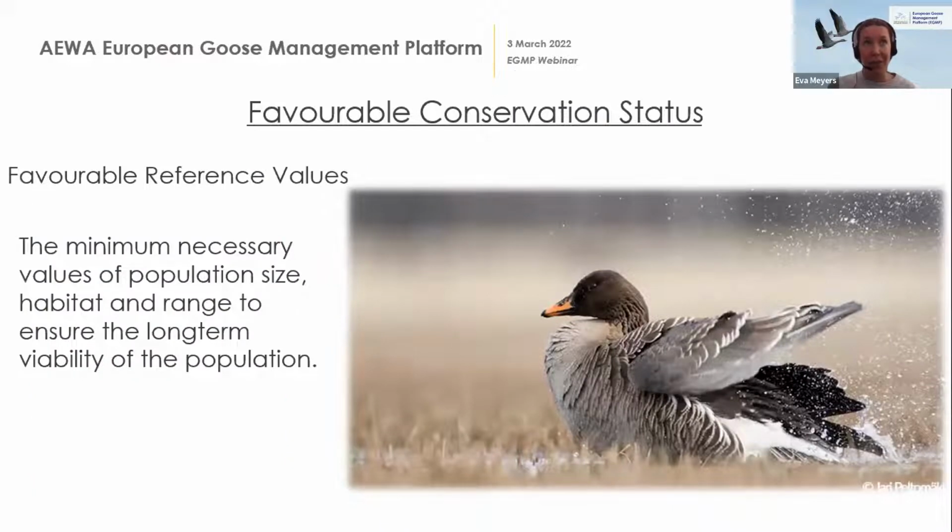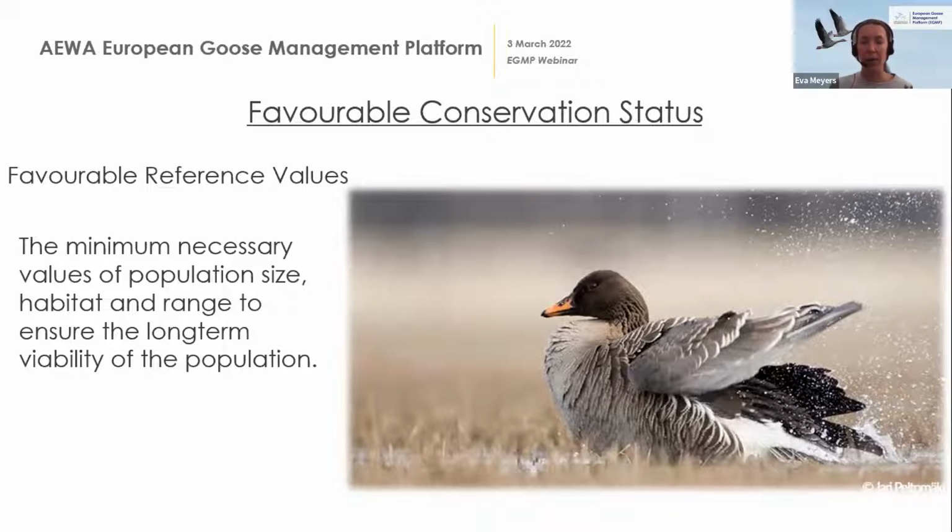Another new concept, which I don't dare to introduce too much, is the concept of the favorable reference value. The favorable conservation status is defined, but in fact this is about clearly defining the minimum necessary values of population size, habitat, and range to ensure that the long-term viability of the population is secured.